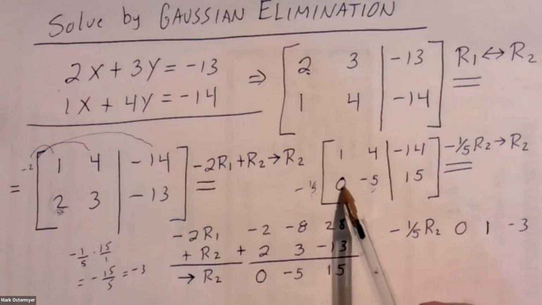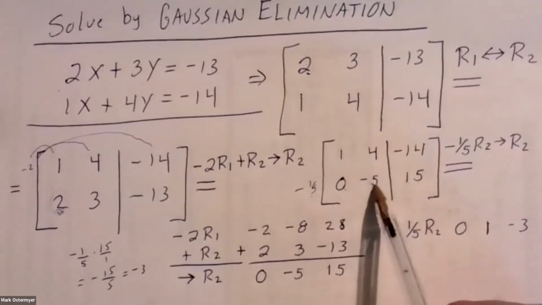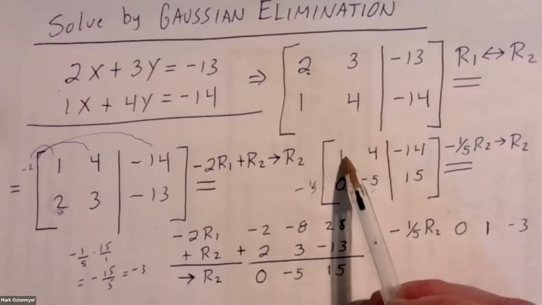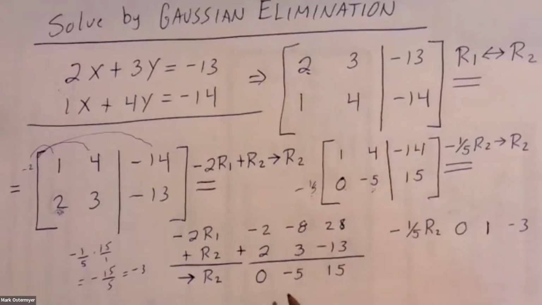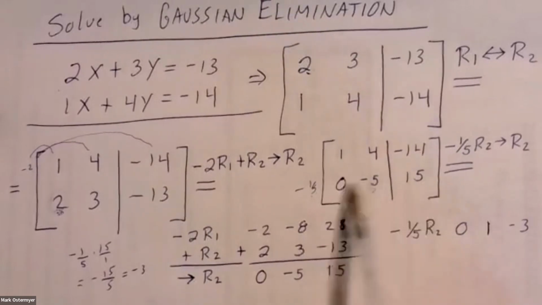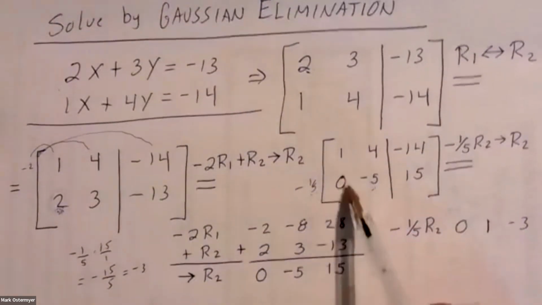Remember, this element has to be a 0. So if you multiply row 1 by some constant, add it to row 2 to make this become a 1, I'll bet dollars to donuts that this entry is going to disappear as 0 and become a non-zero entry, where it has to be a 0 entry. That's the problem with that move. That's why it's better just to multiply row 2 by the reciprocal of -5 to force a 1 in the 2-2 position, okay? Because this remains as 0.